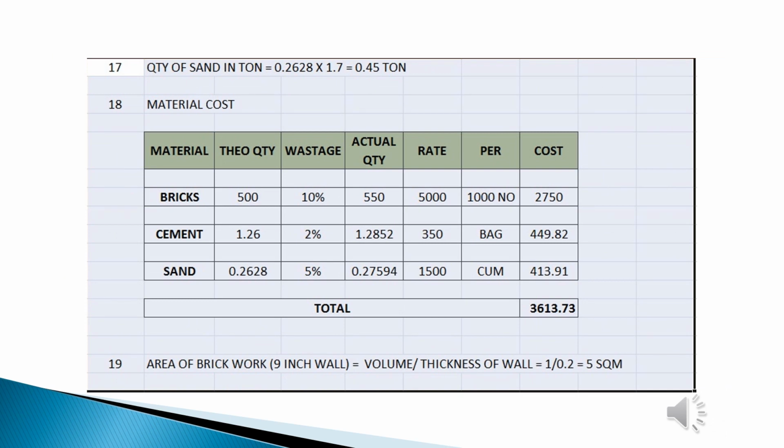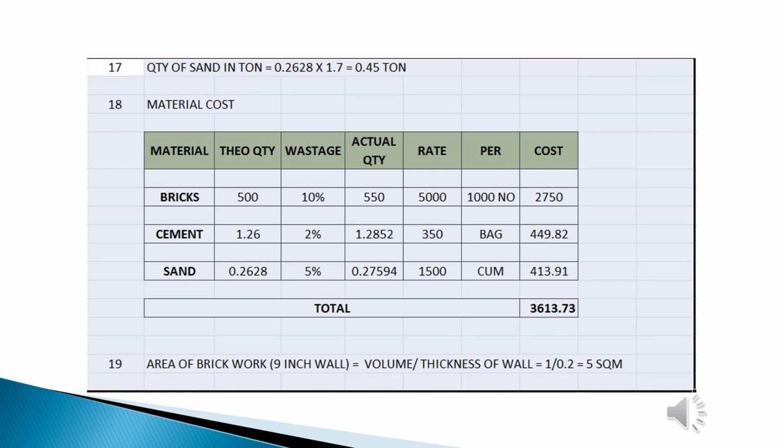So now our next step is to work out the material cost. Prepared one table: material, theoretical quantity, wastage, actual quantity, rate, unit, cost. Materials used are bricks, cement, sand. Theoretical quantity: brick 500 numbers, cement 1.26 bag, sand 0.2628 cubic meter.